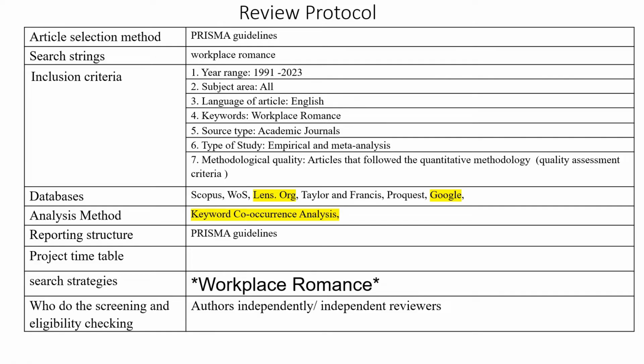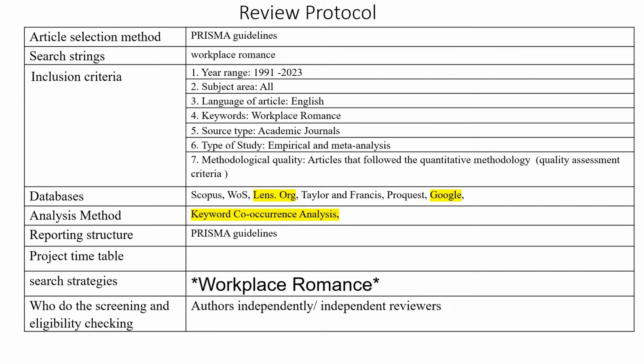So especially in the case of article selection, we are supposed to include some statements, which is a Prisma requirement, in our article, right? So one is that the authors independently review each and every article. For example, your research team consists of 3 members, right?